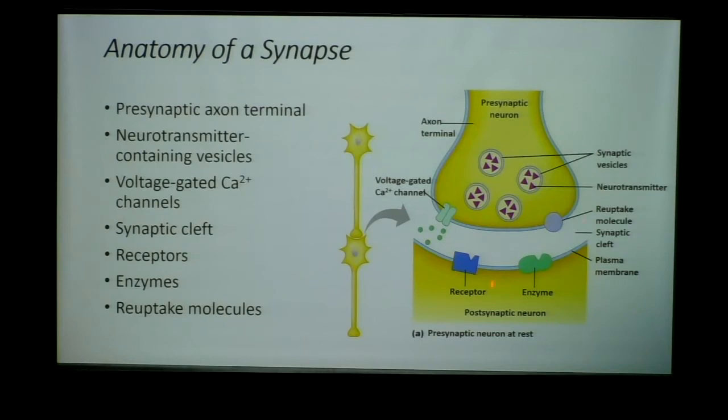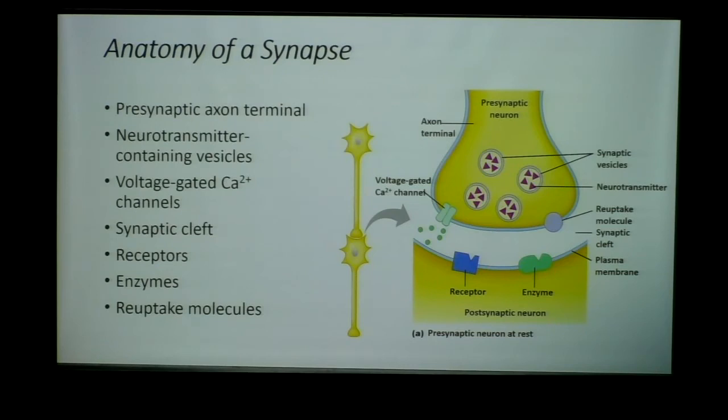And then we also have an enzyme. Now this enzyme, we're going to talk more in detail about what the name of it is, but for right now, I want you to understand that this enzyme is responsible for breaking down any excess neurotransmitter that's left lingering here in the synaptic cleft, okay? So the receptor should bind the neurotransmitter, but in actuality, there ends up being excess left around after the signal has been transmitted, and that's the job of this enzyme, to gobble up the excess neurotransmitter in the cleft, like a Pac-Man.